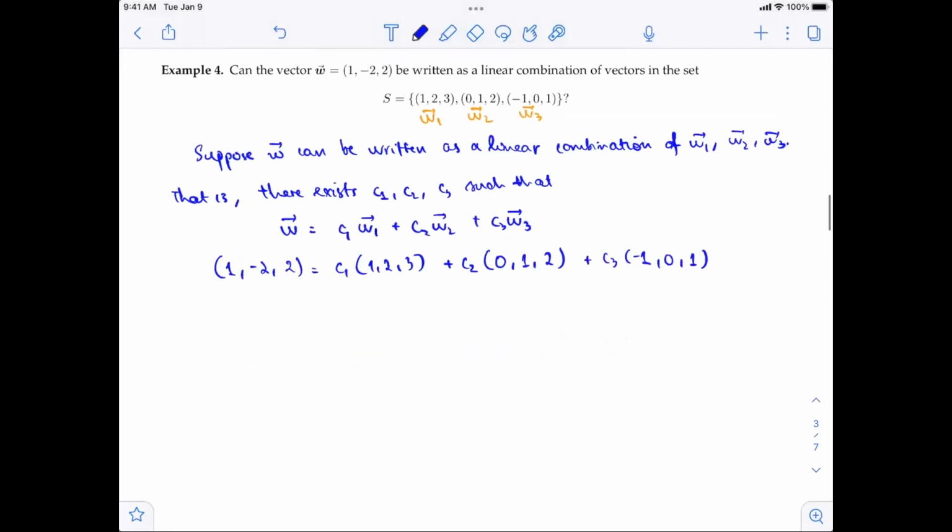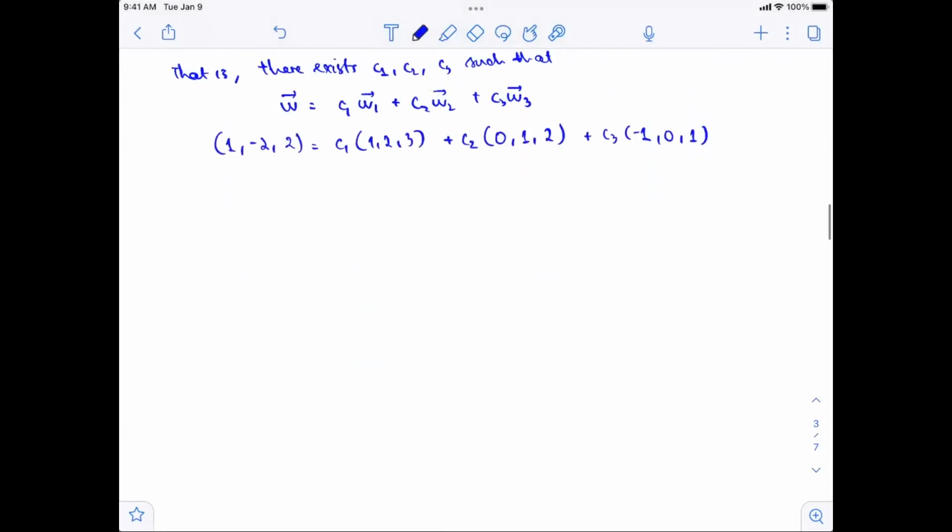All right. And from here, you can form a system of linear equations with three equations and three unknowns, C1, C2, and C3.